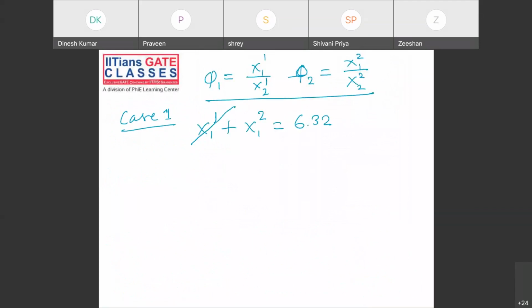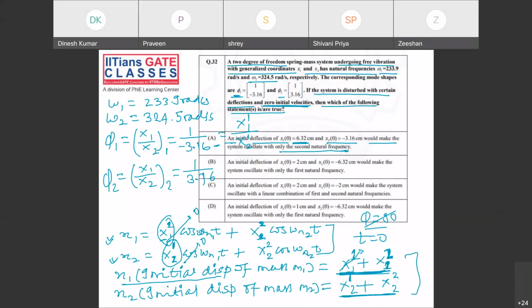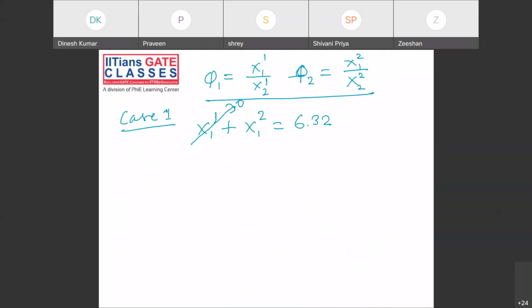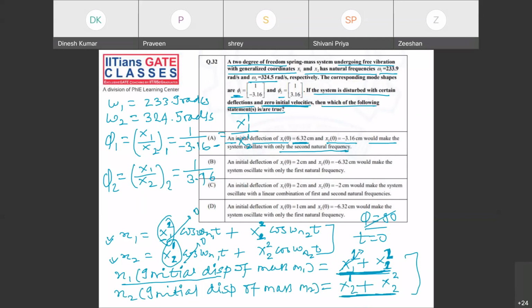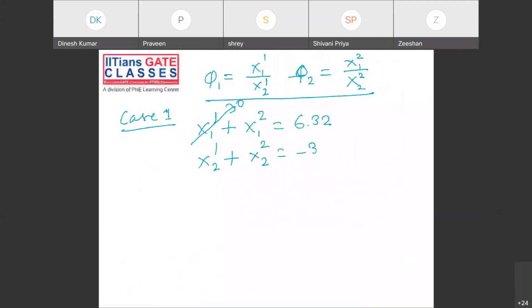But the system vibrates only in the second mode, so this is 0. In the same way, my second is x21 plus x22, and it is minus 3.16. Now this is 0.